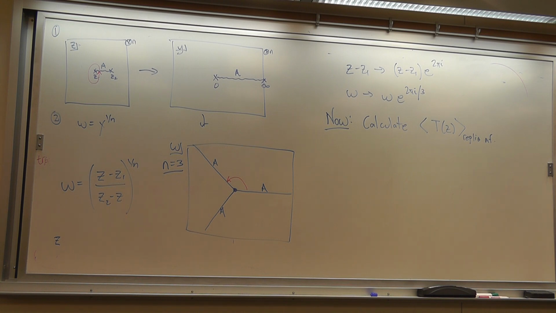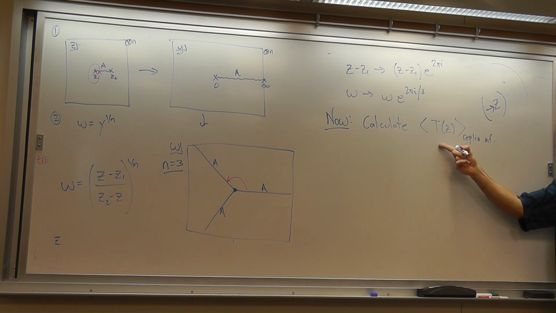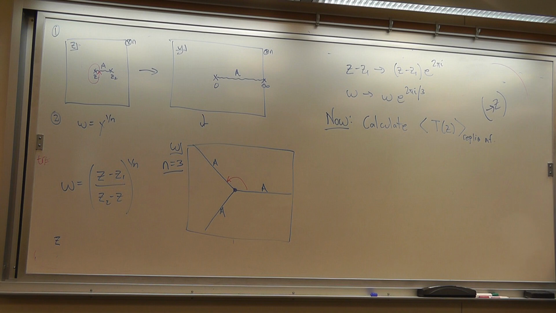I'm going to write a detailed equation in a minute, but our goal is to find the partition function. We're going to first calculate the stress tensor, and from that work our way back to the partition function, using the Ward identity. So we want to calculate the stress tensor on the replica manifold.